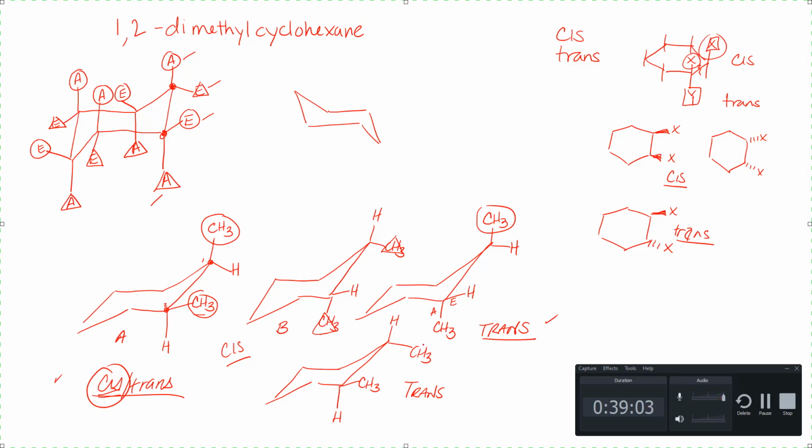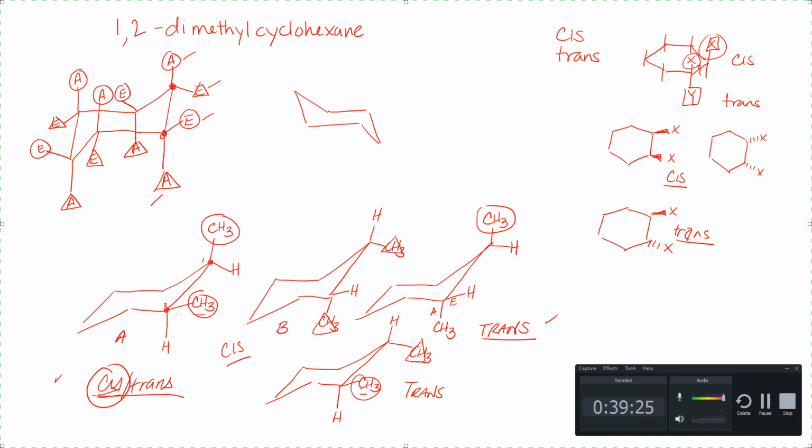What is this methyl group, above or below? Below. What is this methyl group right here, above or below? Above. Trans.